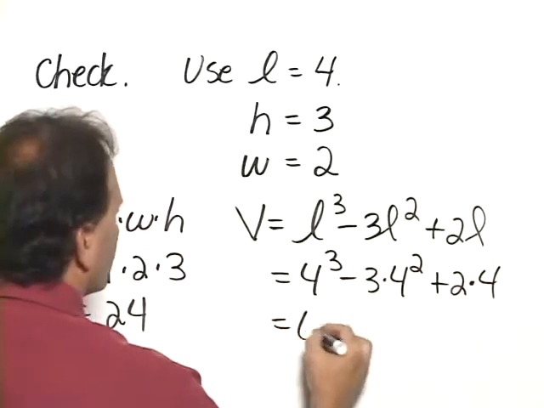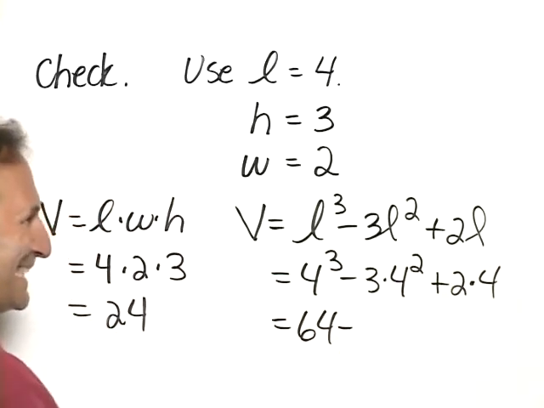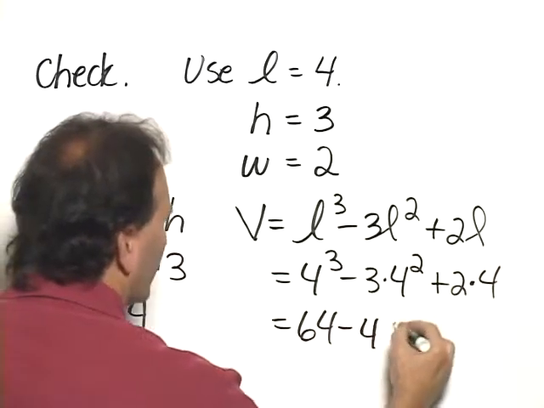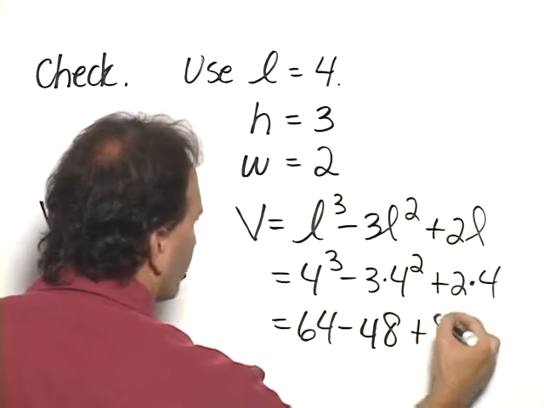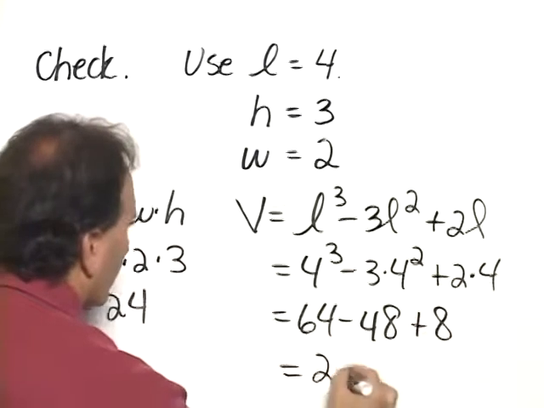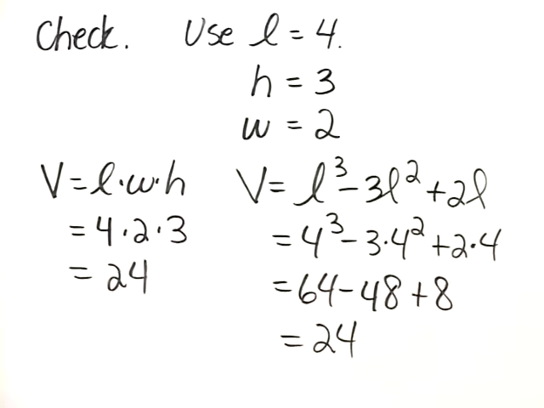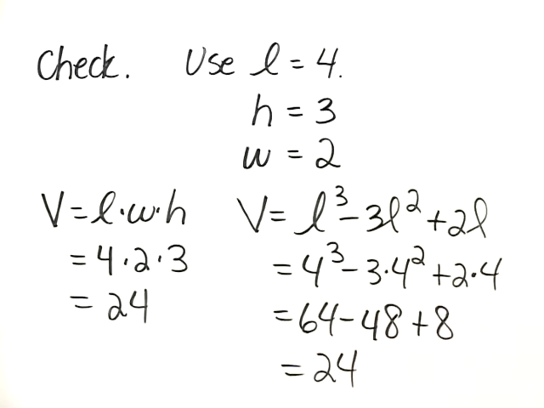This would be equal to 64 minus 4 squared is 16. 16 times 3 is 48 plus 2 times 4, which is 8. When we simplify, we will get 24. Since those two volumes match, we can assume that we have the correct formula.